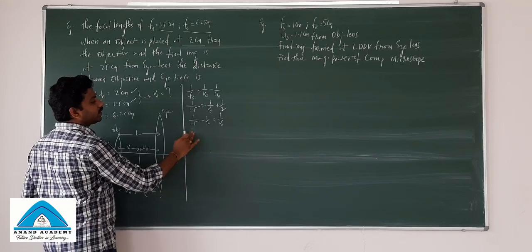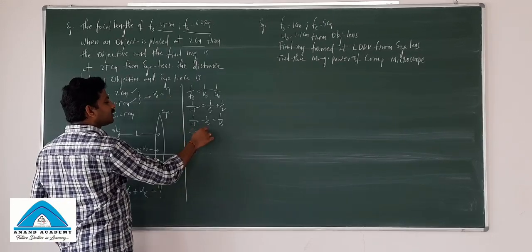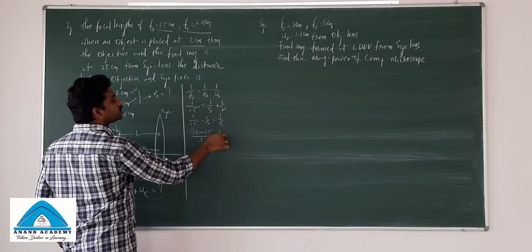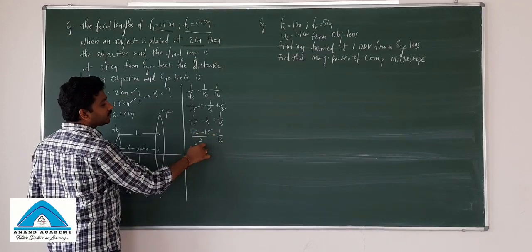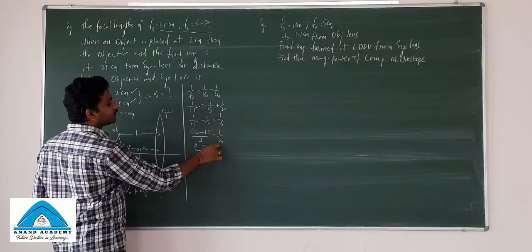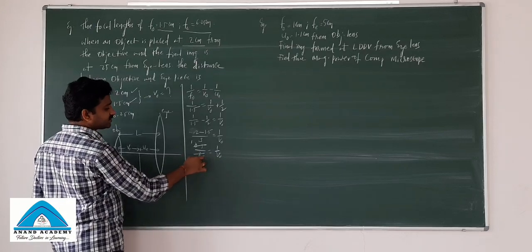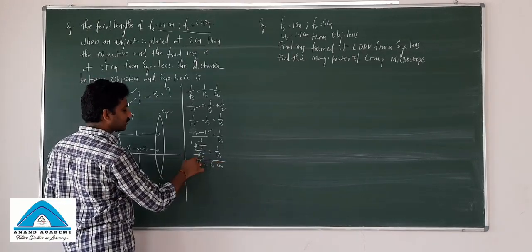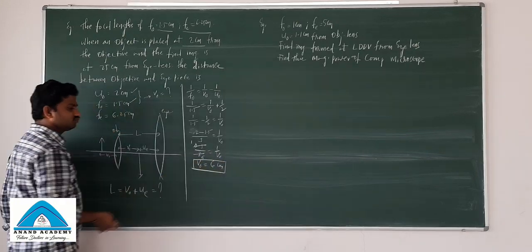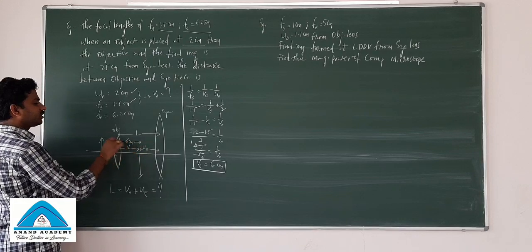The LCM will be 3, and it is 2 minus 1.5, which is equal to 1 by v naught. And this I can write as 0.5 by 3 is equal to 1 by v naught. 0.5 and this is 6. So your v naught is equal to 6 centimeters. This v naught is equal to 6 centimeters we have got.